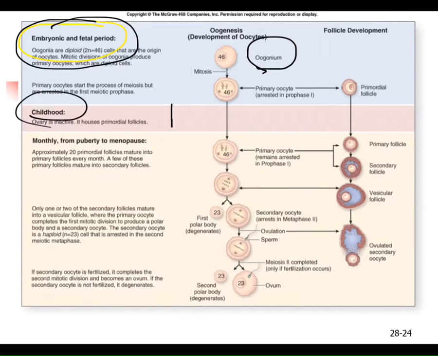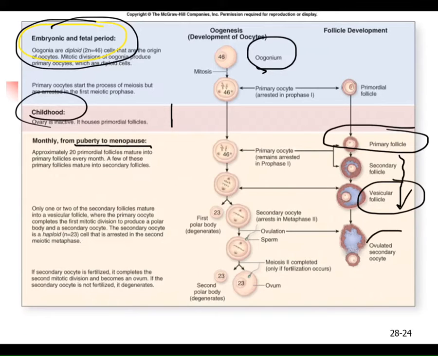Once puberty begins, all the way from puberty until menopause, once a month, every other ovary will kind of start taking turns, and about 20 of these follicles will form, but only one will make it to be the mature tertiary or vesicular follicle. At ovulation, we release that egg, and then the bubble wrap becomes the corpus luteum.